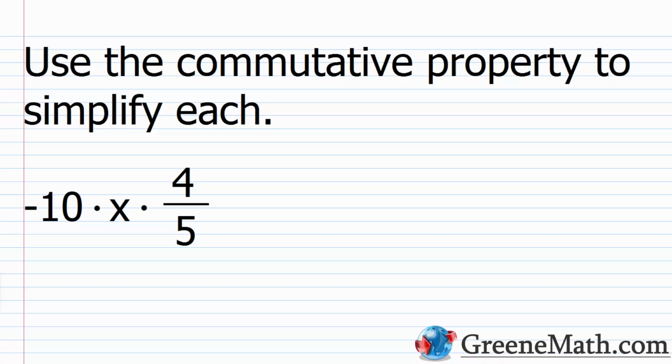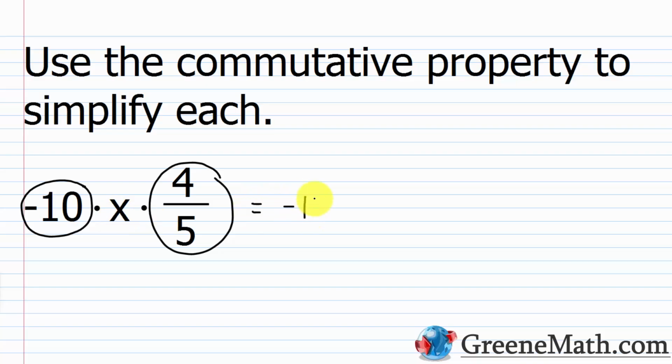So the problem tells us to use the commutative property to simplify each. So we have negative 10 multiplied by x multiplied by 4/5. So the idea here is that if I want to simplify this, I want to multiply this number here by this number here, right? I can't really do anything with that x there to simplify other than put the x next to the number. So what I'm going to do is just reorder the multiplication.